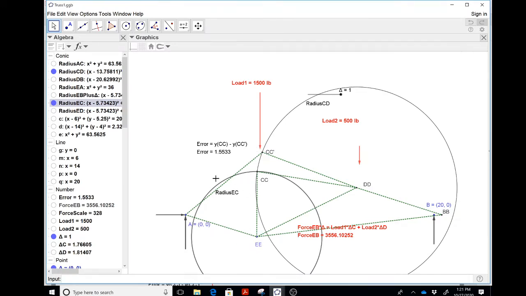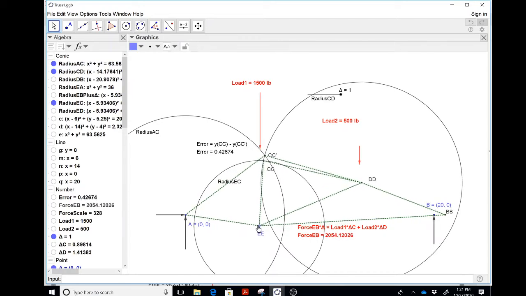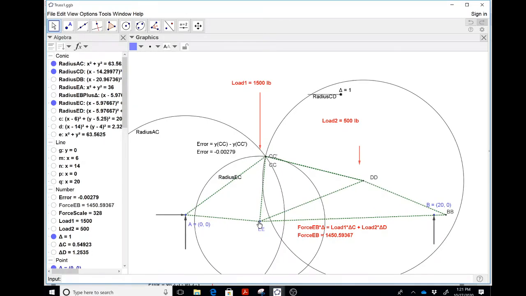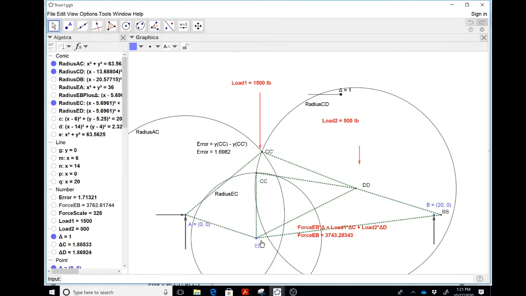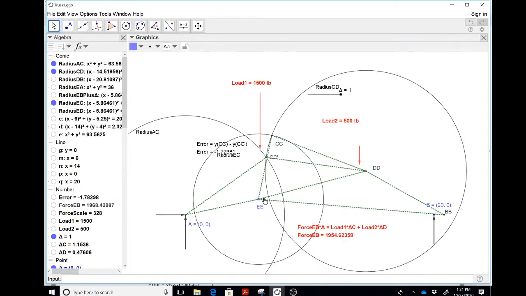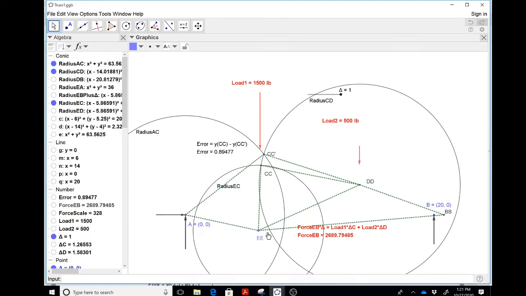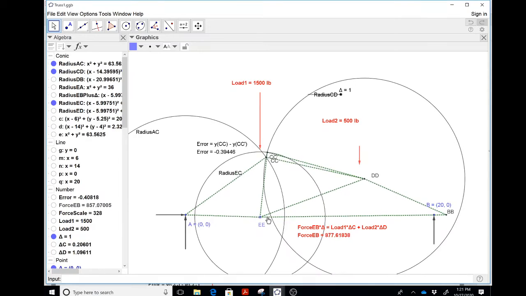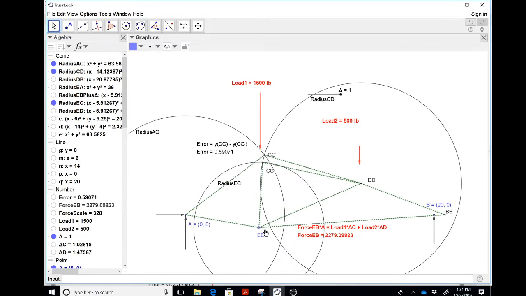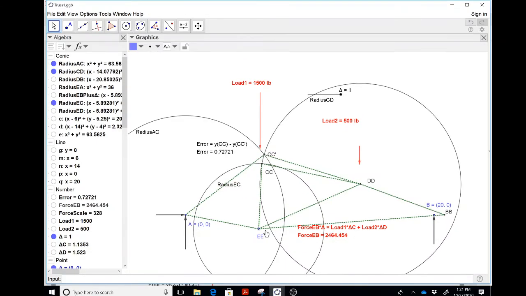And then the last one is radius AC, and that is centered here. And now you see the dilemma here that I have, where they all meet, that's the answer right there. But until they all meet, you kind of have this dilemma, I guess, is probably the definition of that, right?